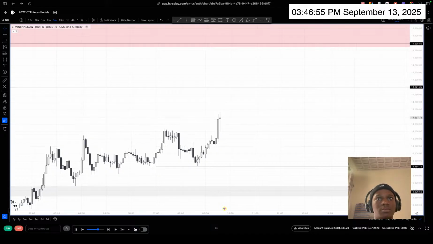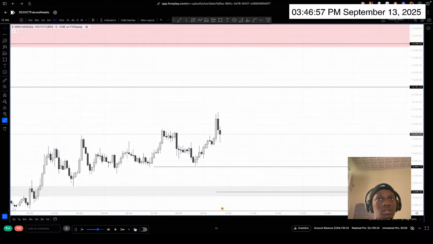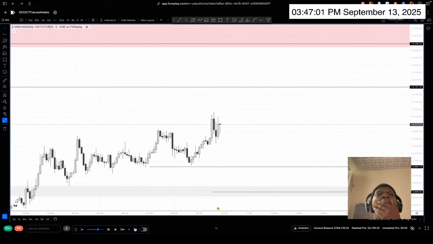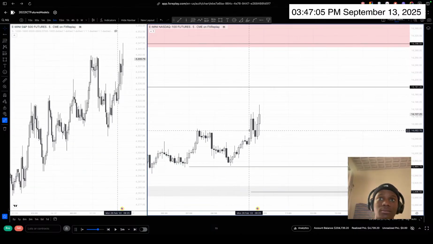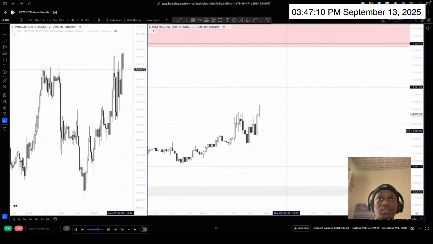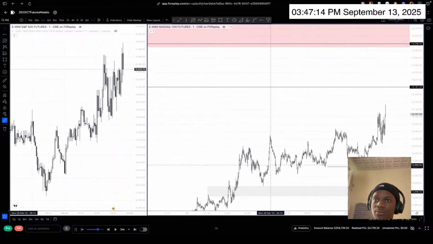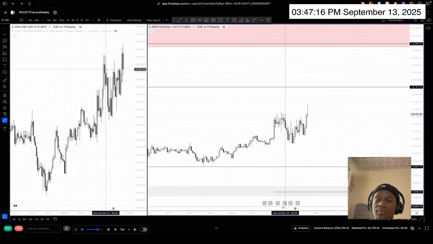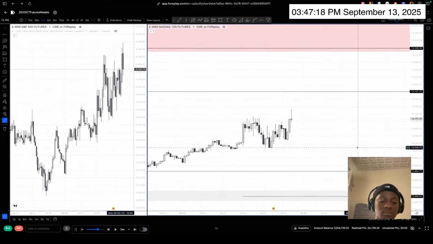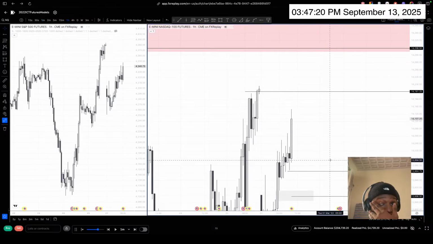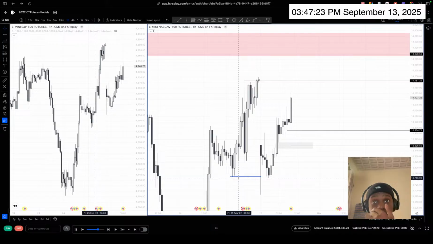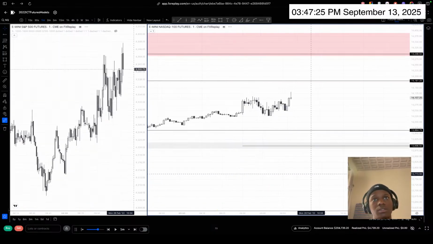Market opens bullish, and we don't drop to any of these lows. And go back to 1, you can see we already have this sweep inside there.